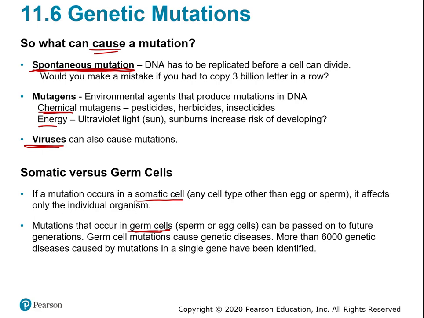Then that means that every single cell of the offspring will have that mutation because, right, we originated from one fertilized egg. So if there's a mutation in that original egg, then that mutation will be carried to all of the cells of that person, and then all of their offspring are affected by it as well. So this is the reason why we have different skin color, hair color, eye color: because of mutations that happened in the germ cell layer.